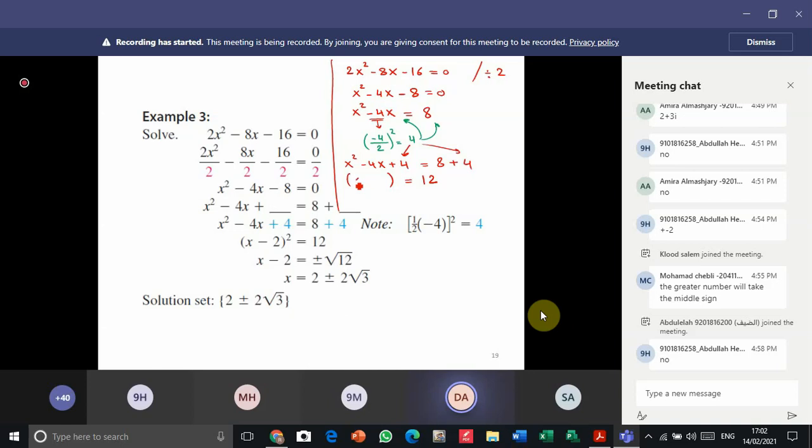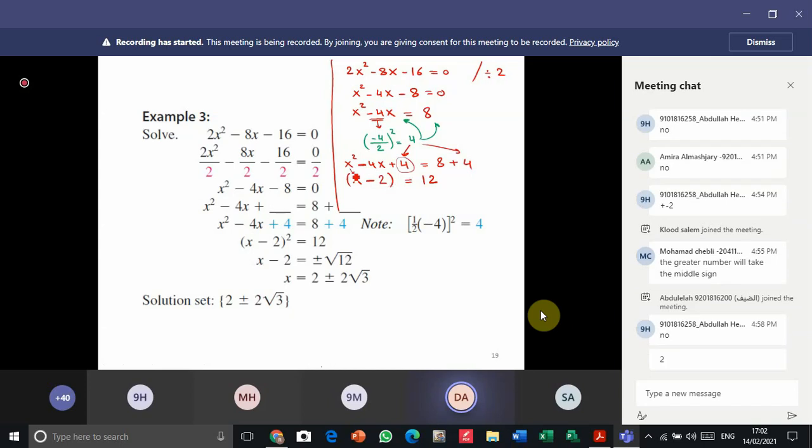In this side we have x, always x, plus or minus. This depends on the sign of the coefficient of x. So we have negative. And the radical of 4, what's the radical of 4? 2. Or put it directly, this is the value.